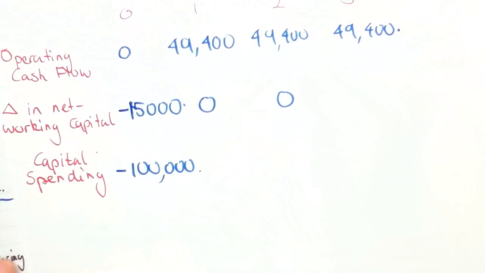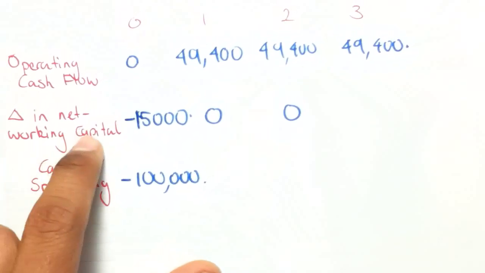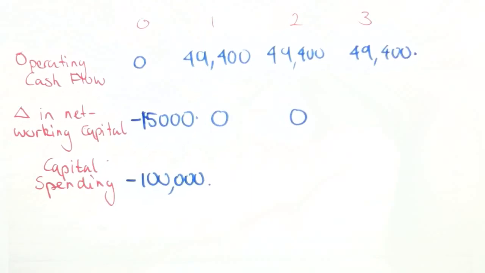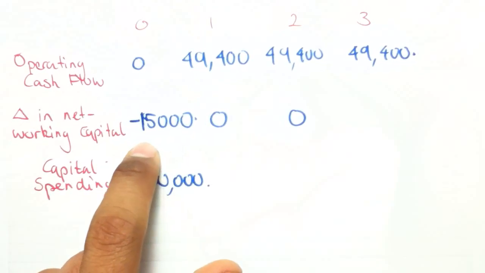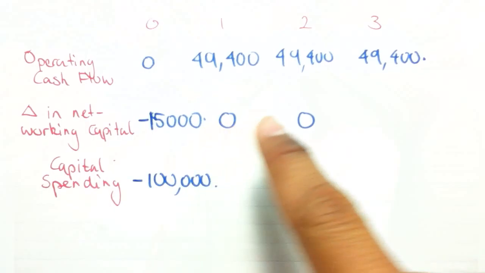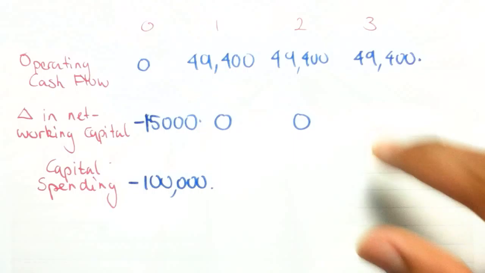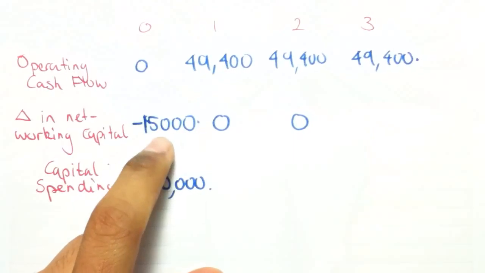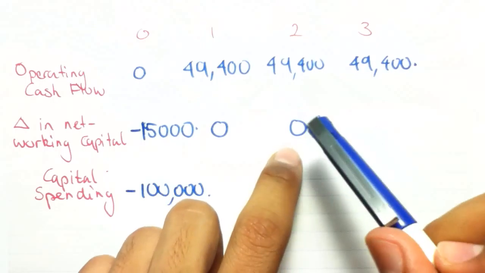Okay? The next thing I want to look at is the change in net working capital in the 3rd year. So this is negative because the change was in a negative direction, in that we input $15,000 into our project. It doesn't change, but in the 3rd year, what we're going to do is close down the project. And so what happens to the $15,000 that was here?